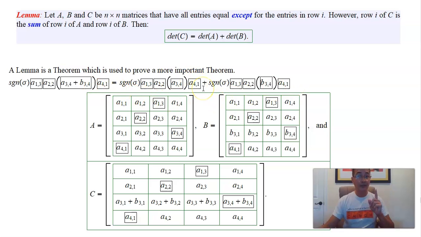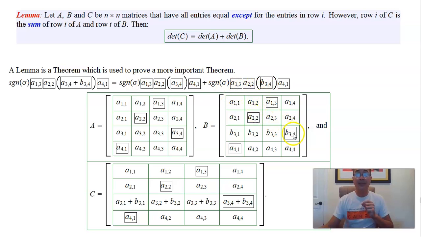Okay, so that step is just the distributive property from chapter 0. Okay, now wait a minute. Where do I see A13, A22, A34, A41? Right there. And it's the same permutation.